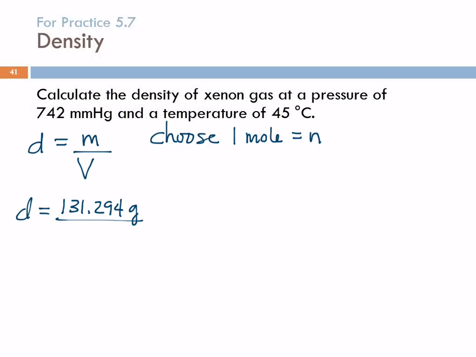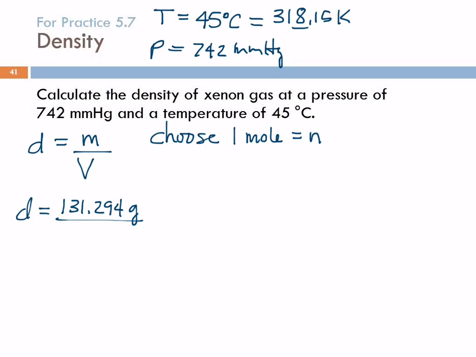So my temperature, I'm going to stick it up here. 45 degrees Celsius. What do I have to do to that? I need to add 273.15. I have to put it in Kelvin. 318.15 Kelvin. And the pressure is 742 millimeters of mercury. What do I have to do to that? Change it to atm.